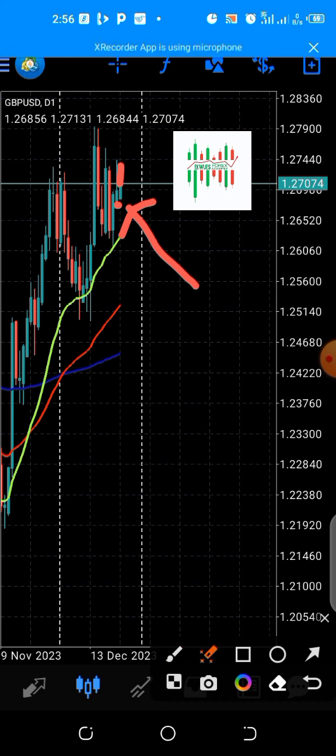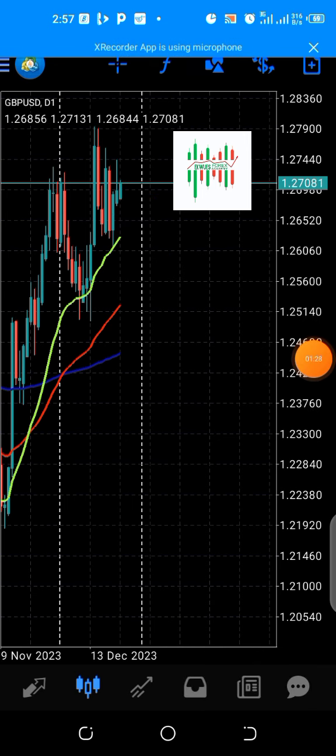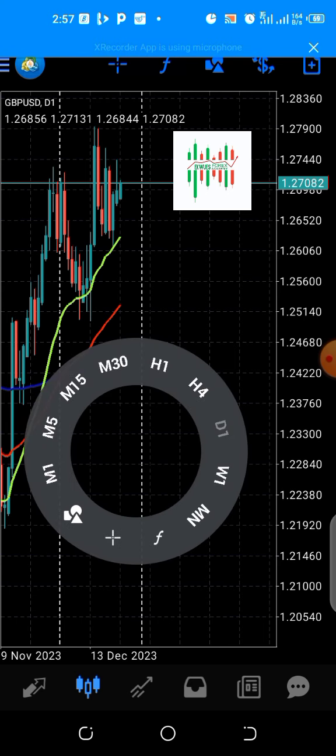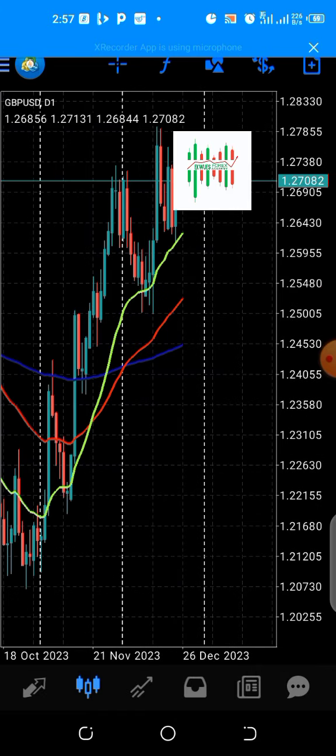That's the last candlestick that closed. Upon checking it out, it closed bullish. Is it bullish or bearish? After we spot that, you need to know the trend of the market.